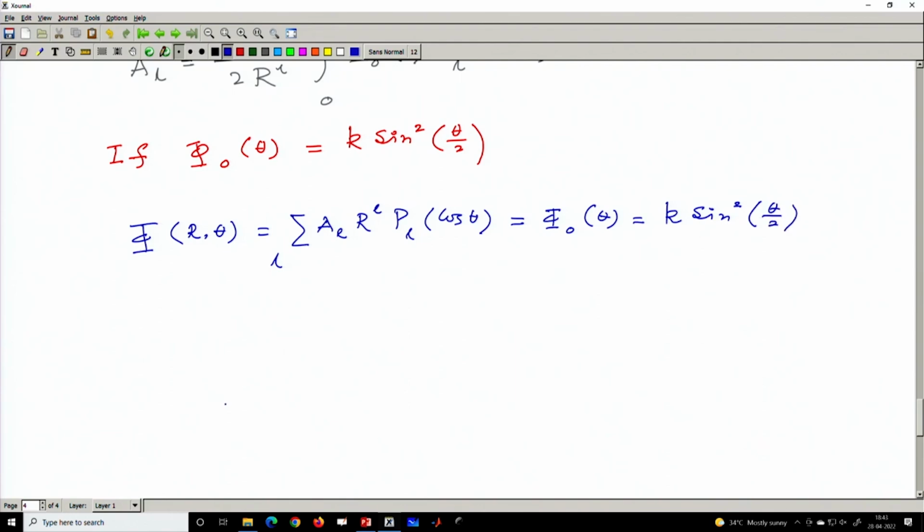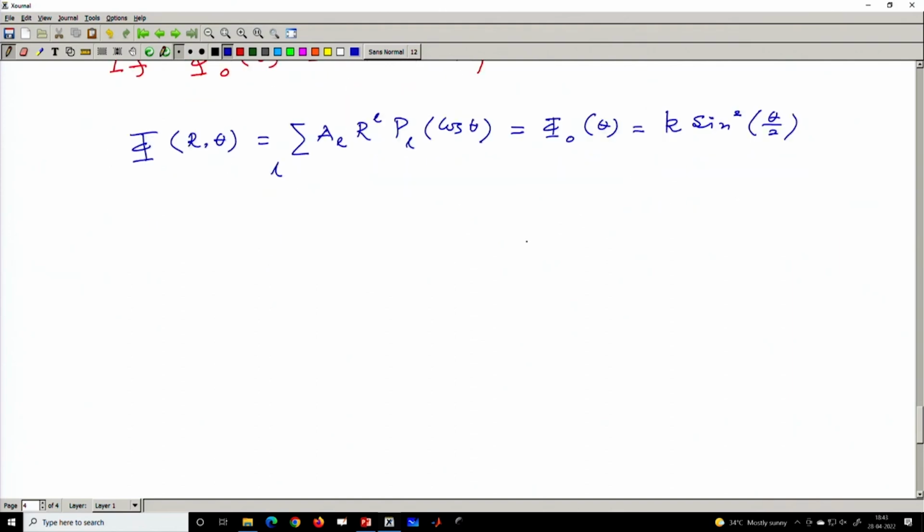Now, it is a very interesting treatment, because this is a function of theta on the right hand side, and on the left hand side I also have a polynomial. So, I know the explicit form of this polynomial. So, if I have this polynomial in such a way that this sine square theta is there, then the coefficients should be matched from both sides, and we can find out the value of A L. So, let us do that.